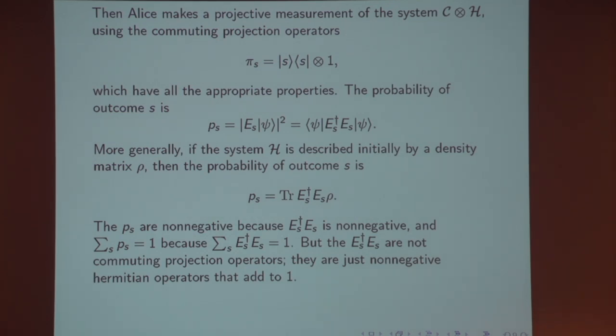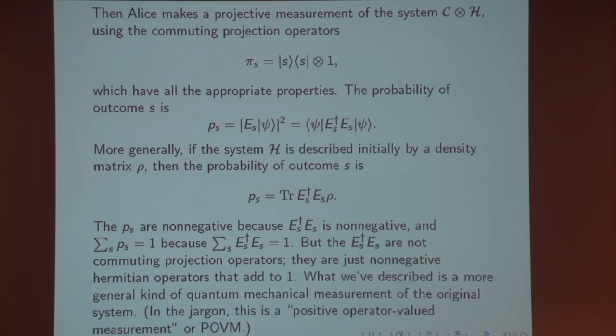They're just non-negative Hermitian operators that add to 1. What we've described is a more general kind of quantum mechanical measurement of the original system. In the jargon, it's a positive operator valued measurement, or POVM. So this is the most general way you can measure a quantum system.